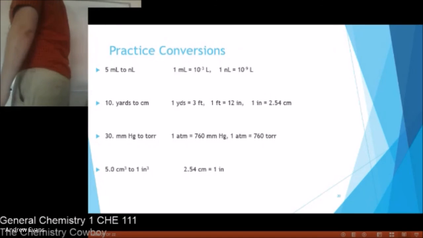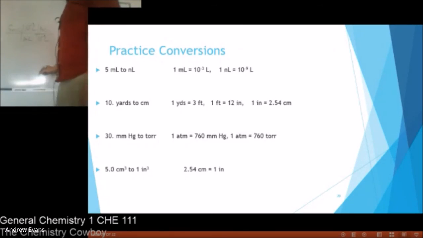So setting this up, my milliliters cancel, my liters cancel. I'm left with nanoliters as a result. So let's do that math. Now, this is a little tricky. You have to do proper order of operations, all that. But if you think about exponents and how they're supposed to work, you don't even actually need a calculator.